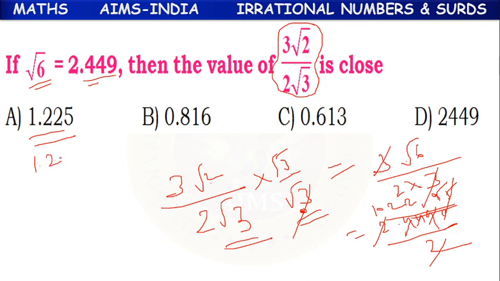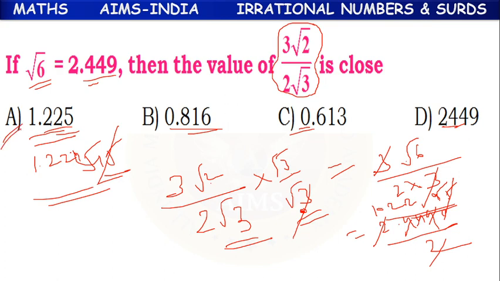So actually 1.2245 we got, but in the answer up to 3 decimals only they have given. As the fourth decimal is 5, we can strike off and add 1 to the previous number. If it is 5 or more than 5, we can do like that. If it is less than 5, we can simply strike off. So 1.225 is the correct answer, approximate answer.